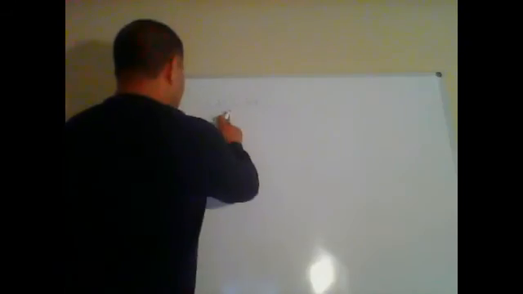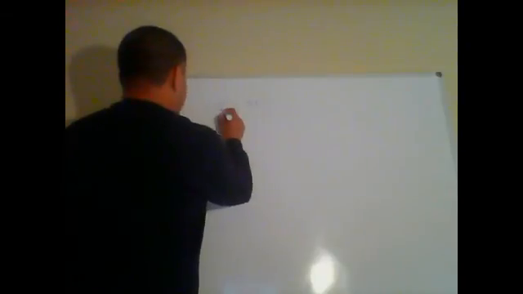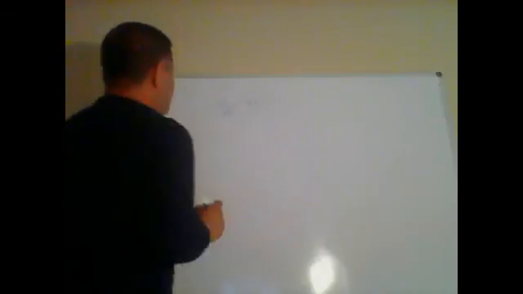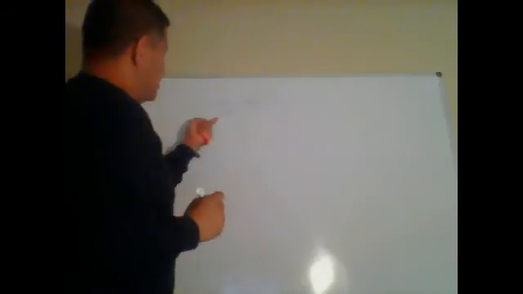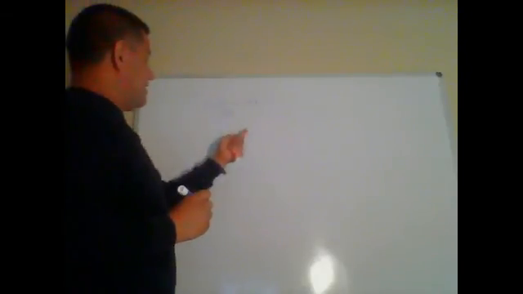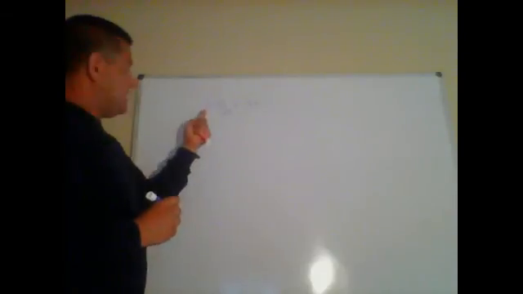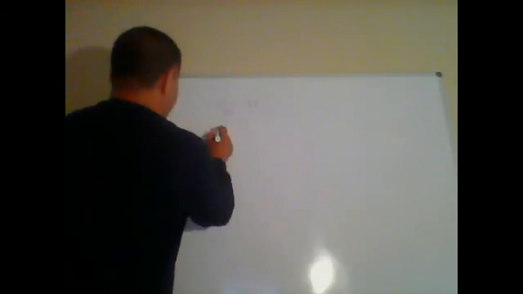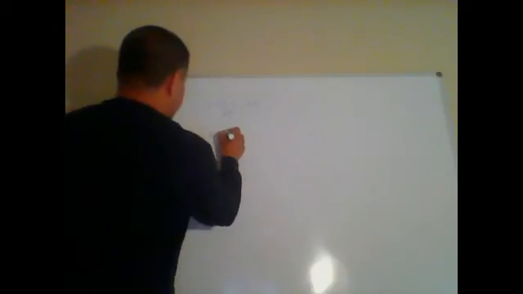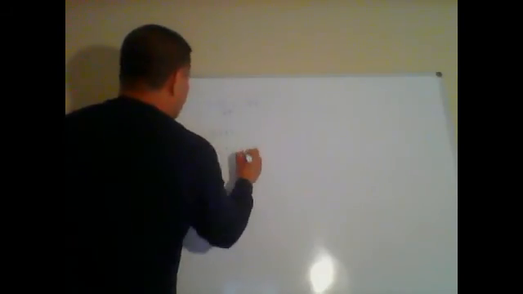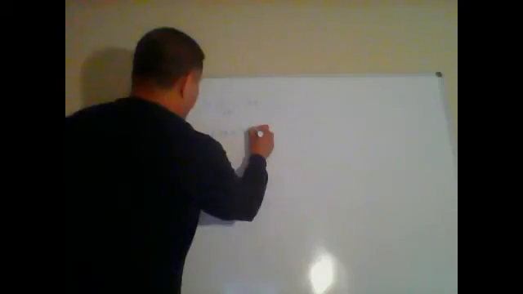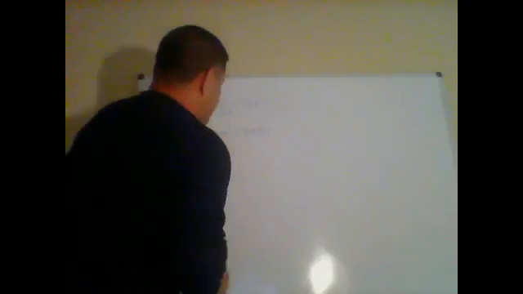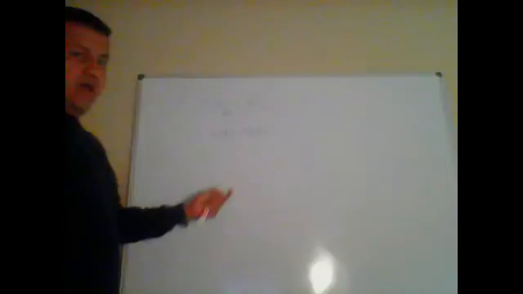So I multiply across by dx and leave the dy and the x on this side. So I have x dy equal 4y dx.